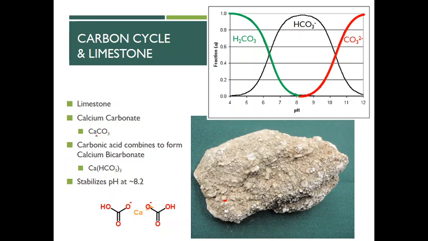When you take this calcium carbonate and put it in water, it puts a lot of carbon in and stabilizes pH at this 8.2 number. So in places that have a lot of limestone bedrock, like a good portion of the Midwest, we have really stable pH. Whereas if you look at the top of mountains in the Colorado Rockies or in the Northeast where it's all granite, they don't have a lot of limestone, and their water is not as stable in pH because it doesn't have as much of this carbon dissolved into it.